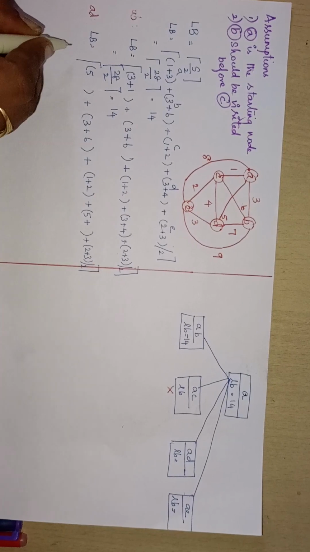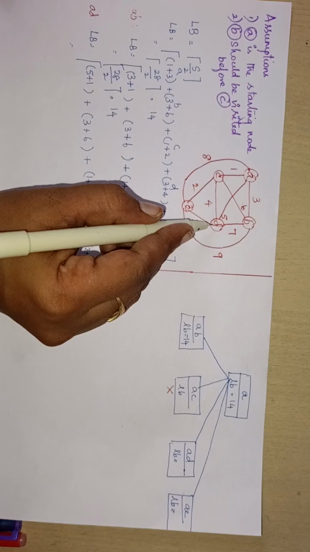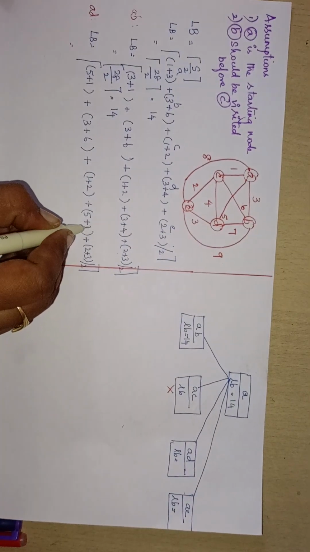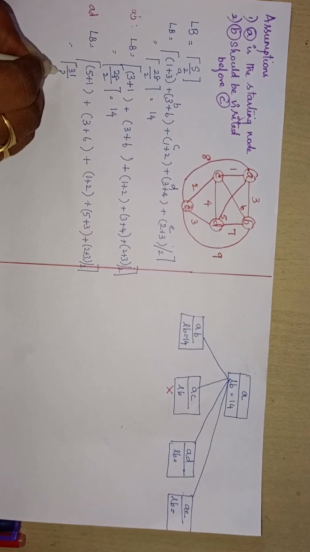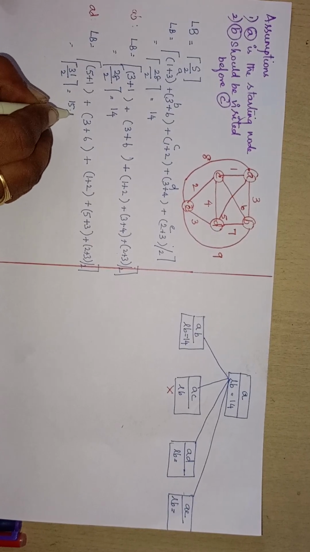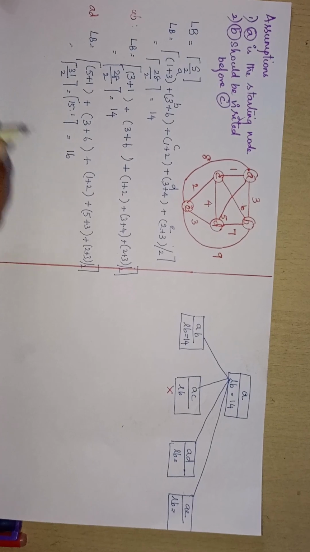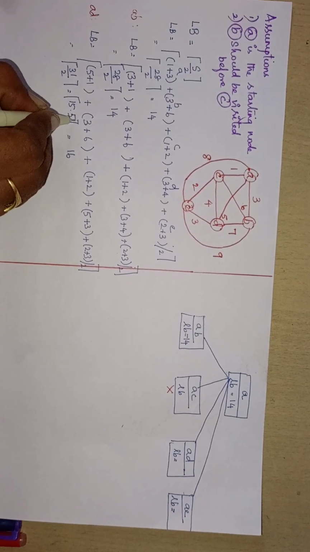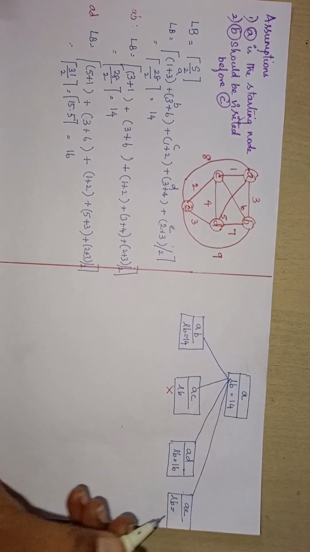Then I need to find the closest with A and D. The closest with A is 1 and the closest with D is 3. So when I add all these, I will get 31 by 2. So it is actually 15 point something. If I find the ceil, it will be 16. Now I am updating the state space tree, it is 16.